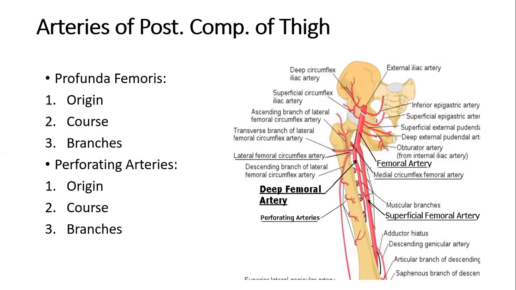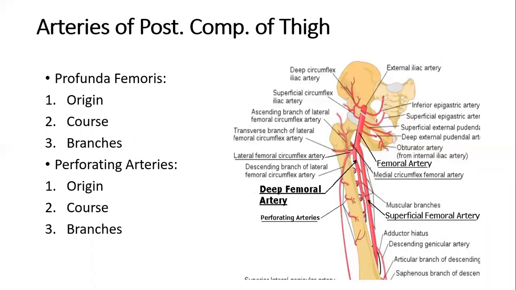The branches given off by the perforating arteries include the muscular branches to the hamstrings or the muscles present within the posterior compartment of the thigh. And they also give rise to anastomotic branches that participate in the anastomosis superiorly and inferiorly.